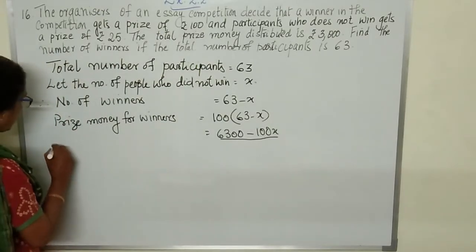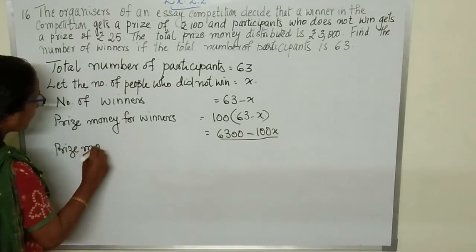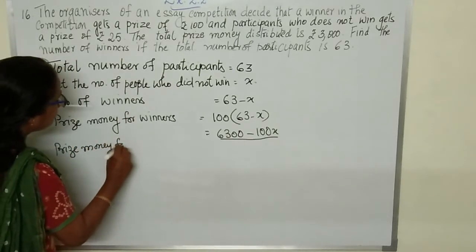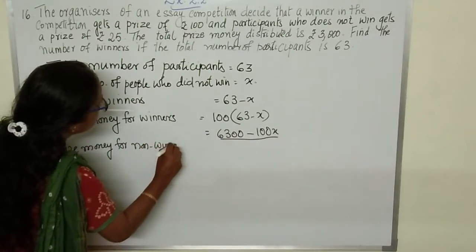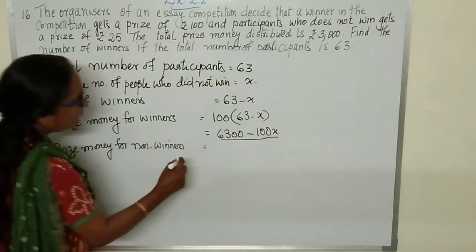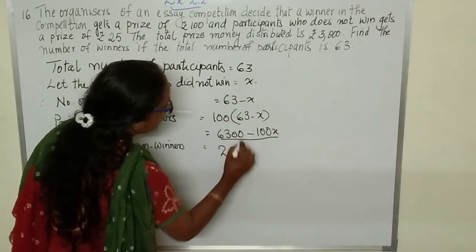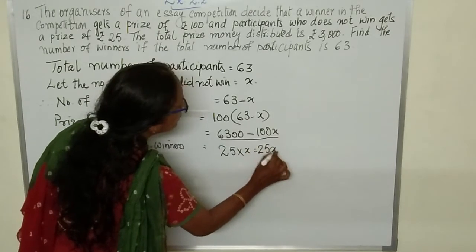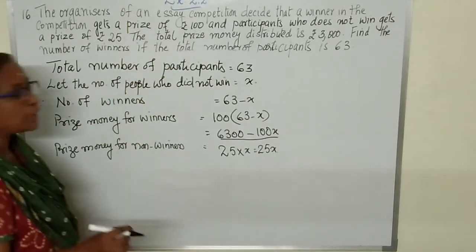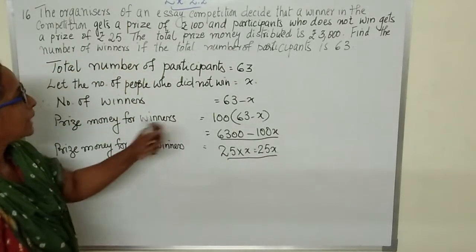Now prize money for non-winners is equal to 25 rupees multiplied by X, which is equal to 25X. It is given that the total amount is how much? 3000.